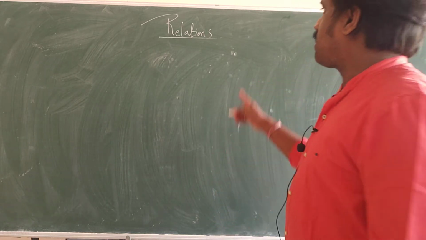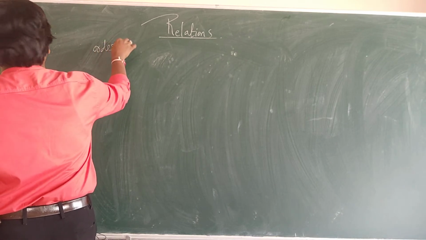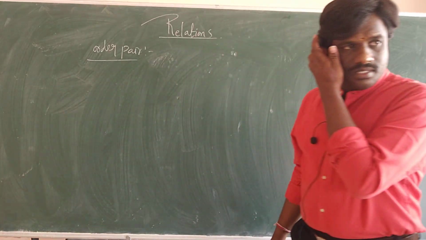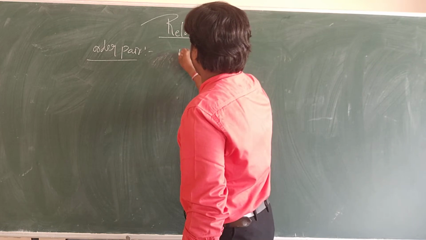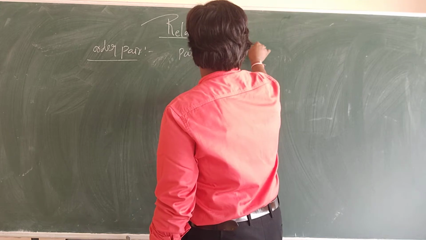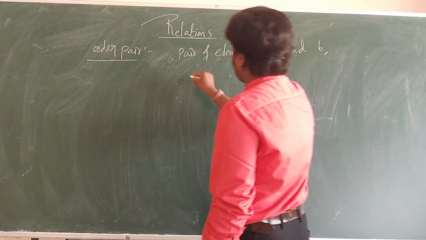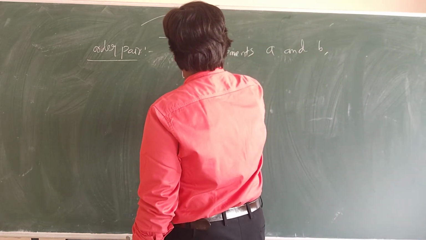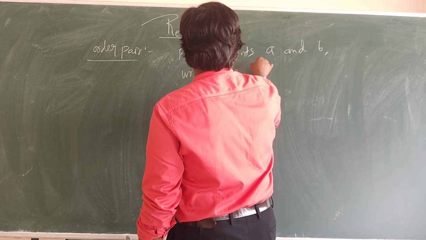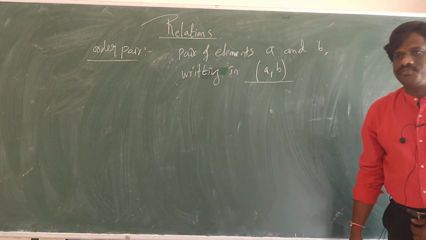Now we are starting relation. Before that you should know ordered pair. What is an ordered pair? An ordered pair means a pair of elements, a pair of objects, say A and B, written in a particular order, say A comma B. So this is called an ordered pair.